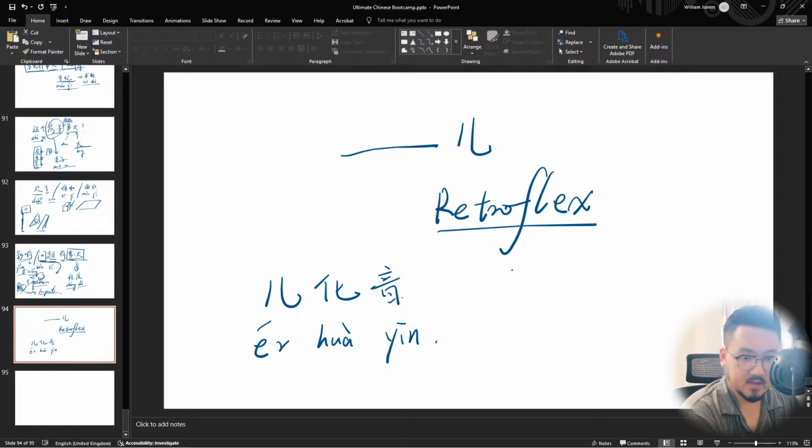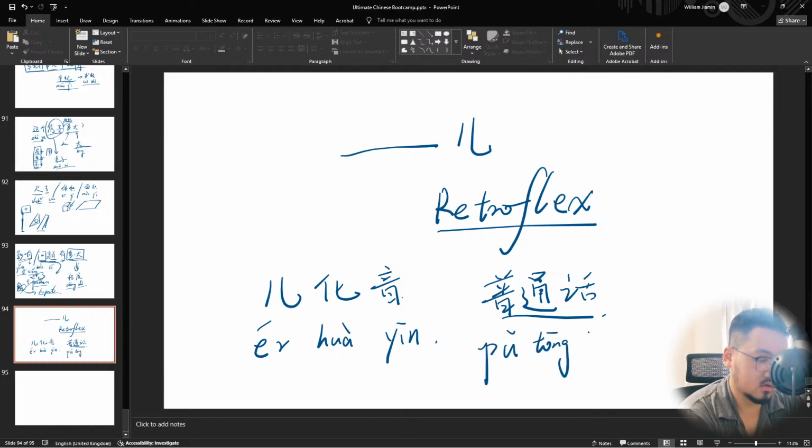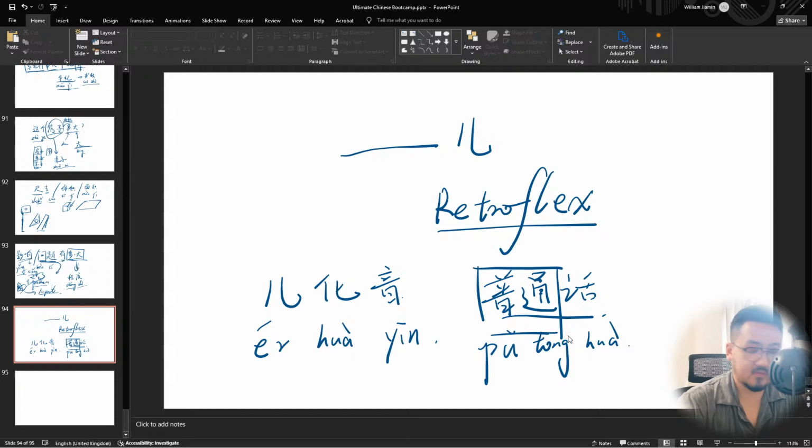So let me just write it down. 普通话. Basically, that's the accent that I'm trying to teach. 普通话 means average, normal. Average 普通, average guy, average neighbor, something like that.